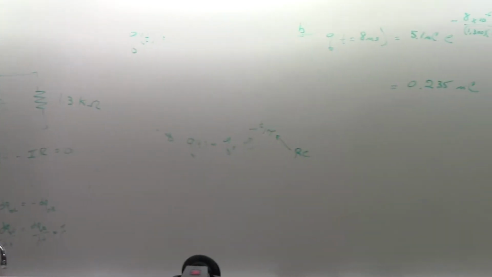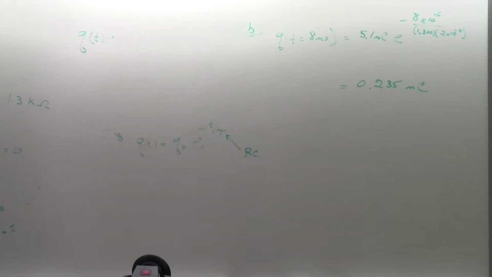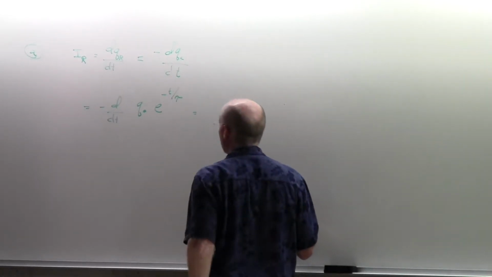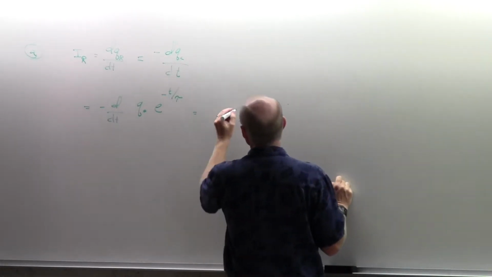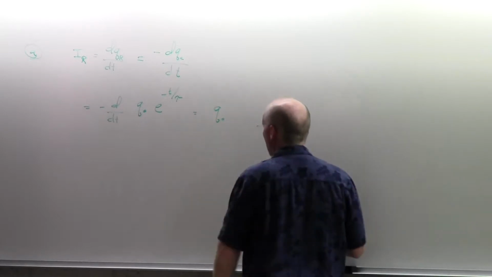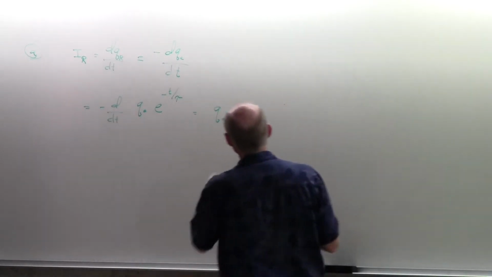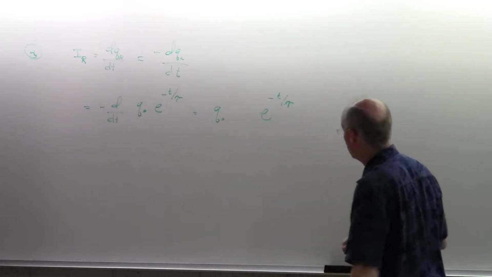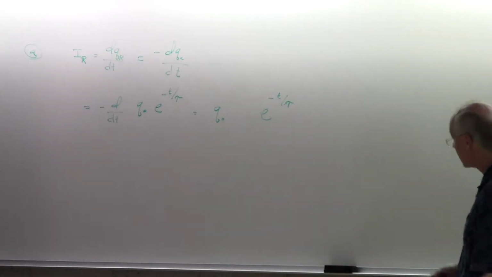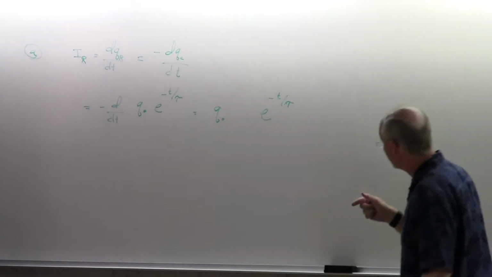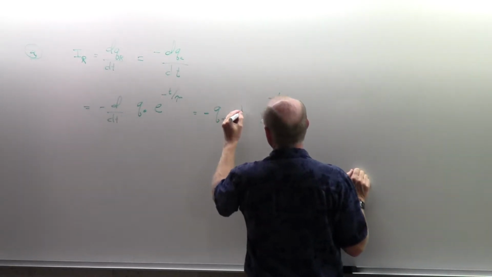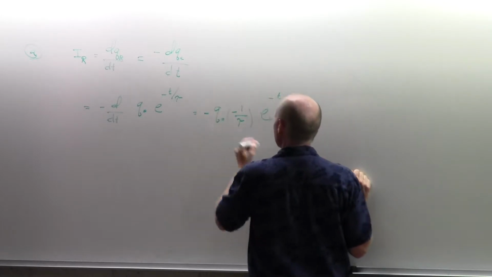So this would be Q naught e to the minus t over tau. And so as I take this derivative, the Q naught is unchanged. The derivative of an exponential is still an exponential, with the chain rule bringing down the negative 1 over tau.